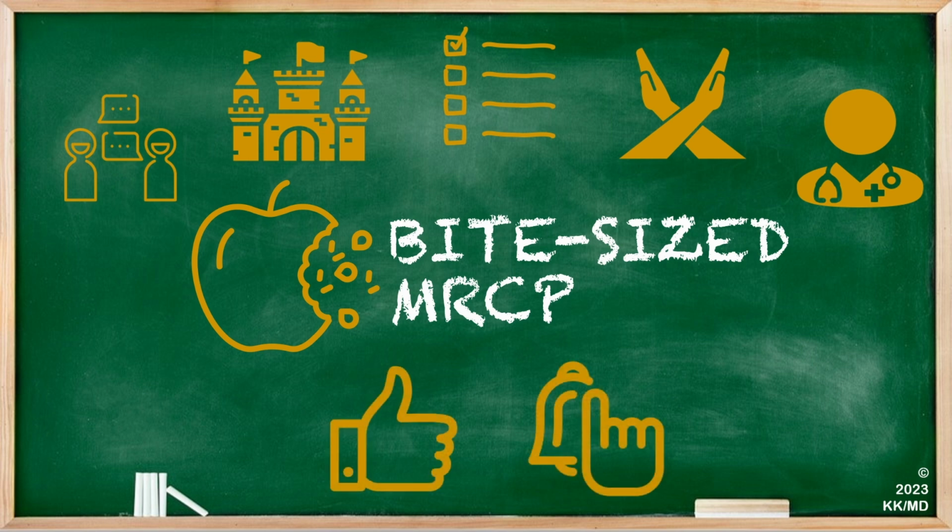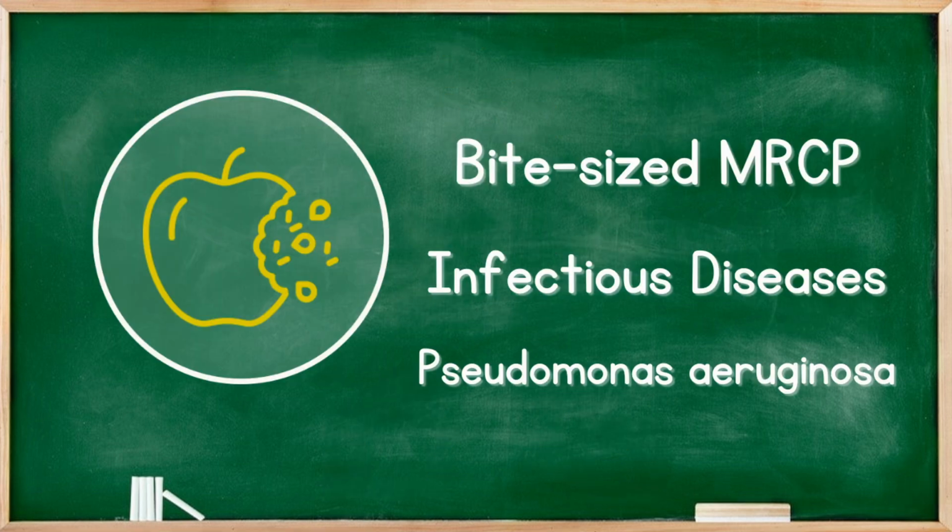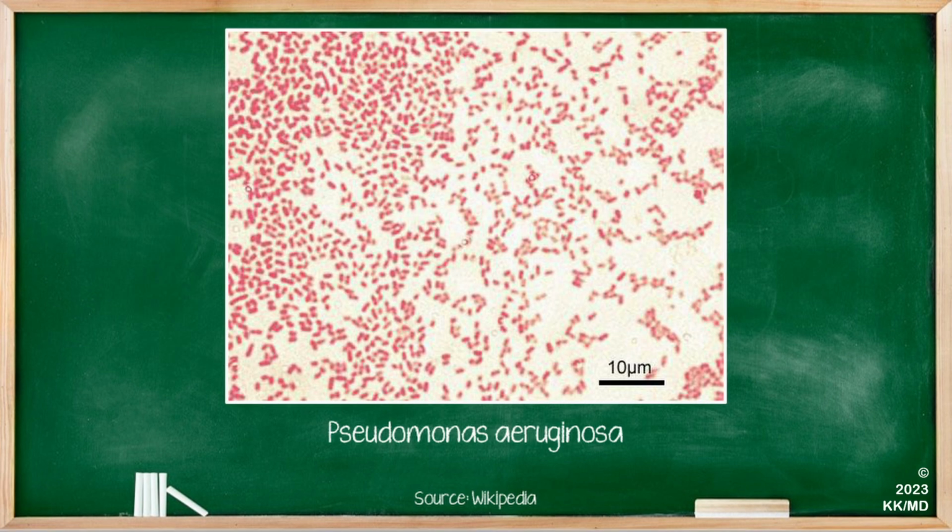Now, without further ado, let's get into today's topic, which is on Pseudomonas aeruginosa under the section of infectious diseases. This is a picture of Pseudomonas aeruginosa, which, as you recall, we previously mentioned that it's not common practice for the MRCP exam to give you these sort of slides.